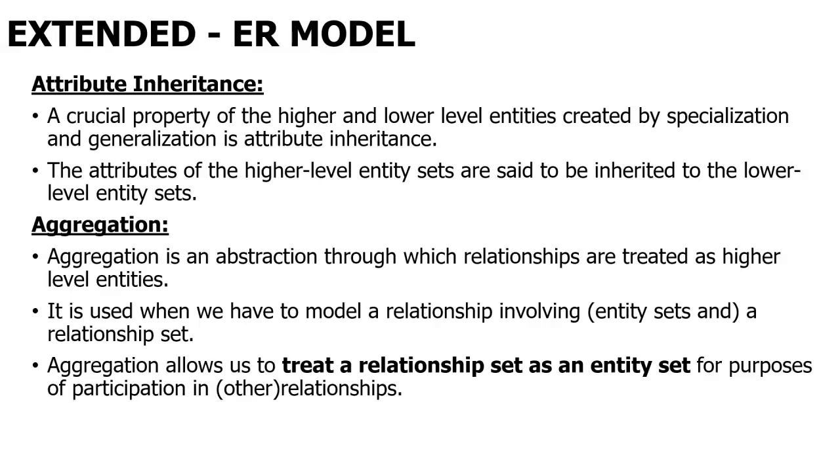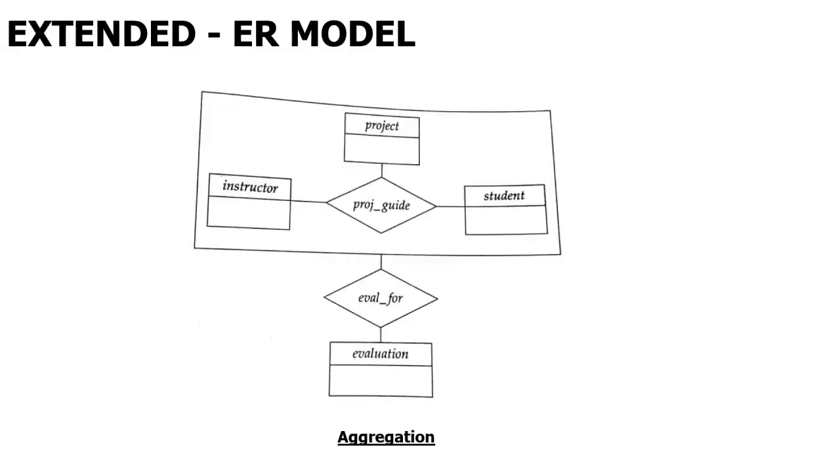Aggregation is nothing but creating an abstraction with the help of a relationship. How do you connect two different relationships with the help of the entities? That is aggregation. We'll see an example. Previously we have seen different types of entities, and those entities are connected with the help of relationships. Now you can see there is a relationship connecting to another relationship. I have an instructor as an entity, student as an entity, project as an entity, and evaluation as an entity.